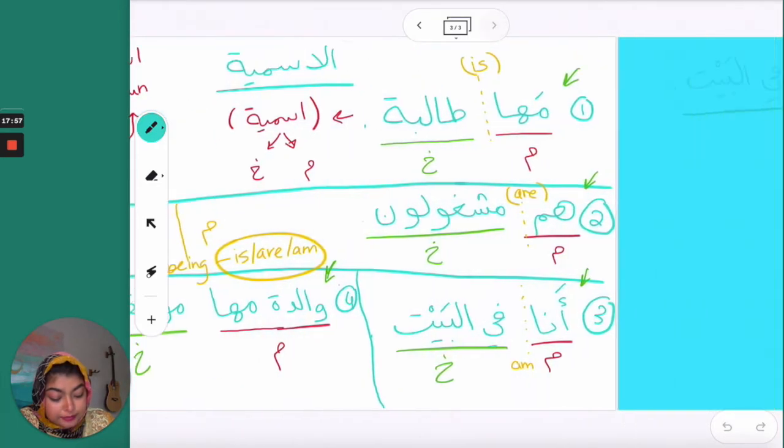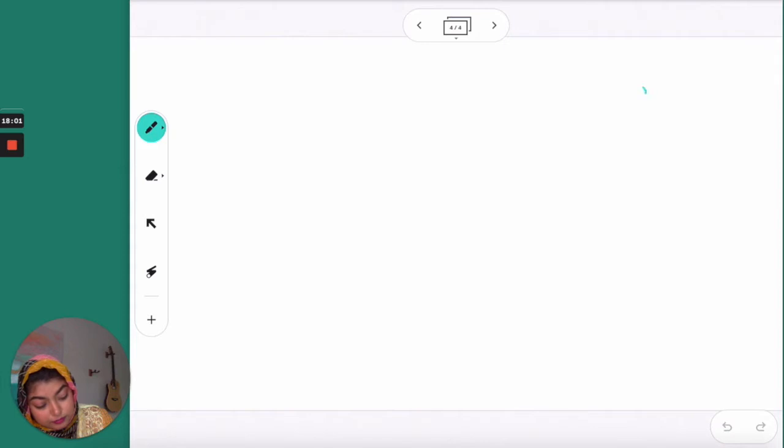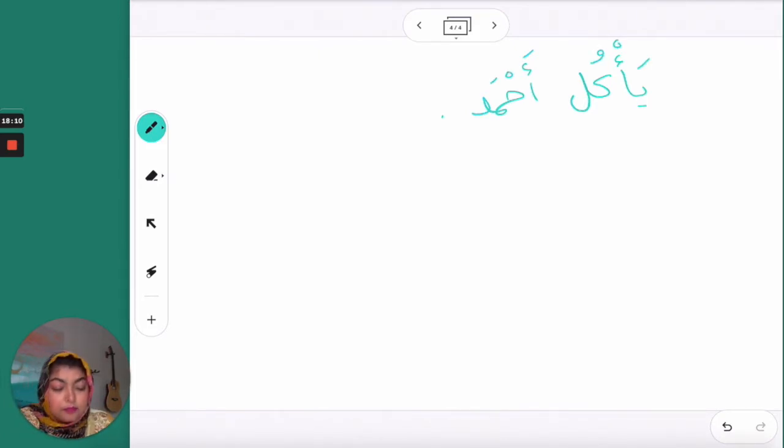So let's look at some examples. يأكل أحمد. Remember when we talked about verbs, we said that when you have a verb, you can start your sentence with the verb, or you can start your sentence with the subject. So in the verbal sentence examples, we're looking at those that start with the verb.